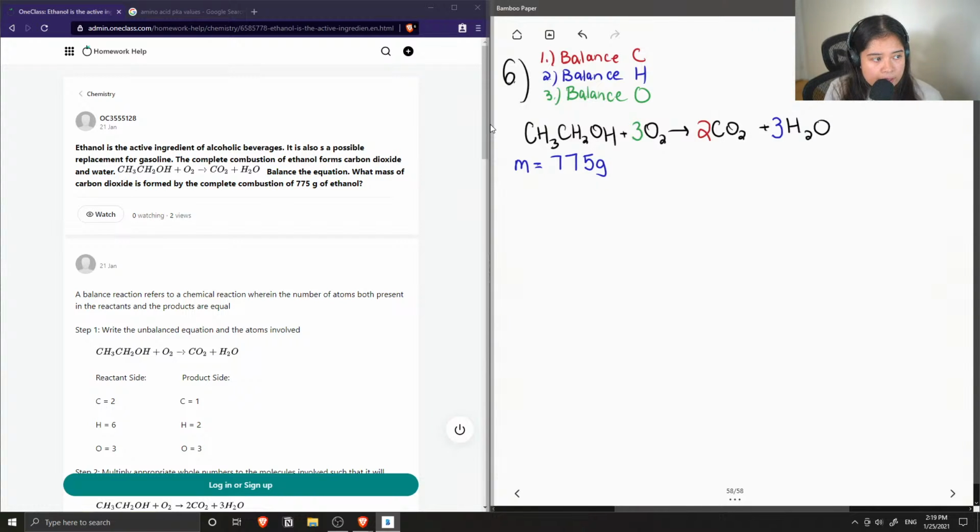We also need to calculate the molar mass of ethanol. I'm going to denote ethanol as ETOH, and its molar mass is equal to 2 times the molar mass of carbon plus 6 times the molar mass of hydrogen plus the molar mass of oxygen.